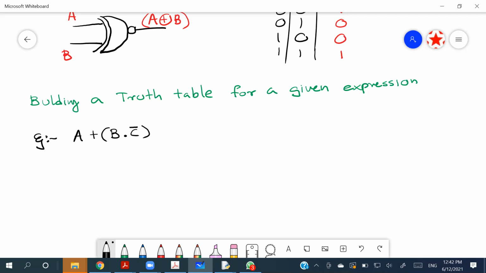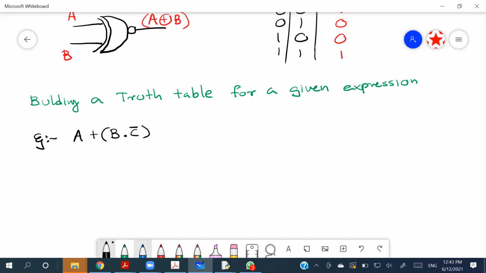So hear me out very clearly. It is just one particular thing. We are just counting how many different letters there are in the expression. That's all. So according to this expression, how many different letters are there? There are 3, right? So it is very easy to recognize.